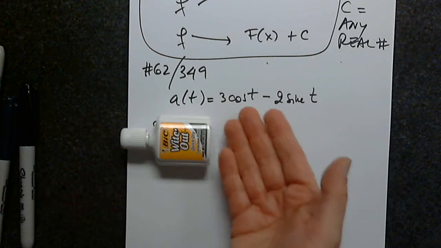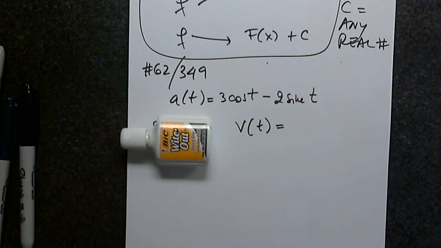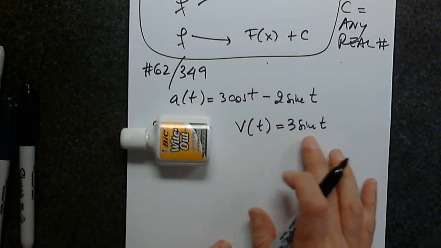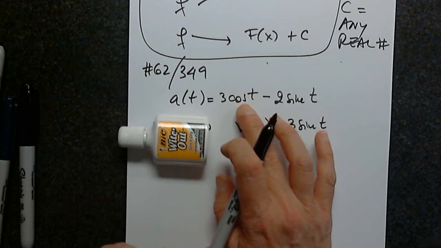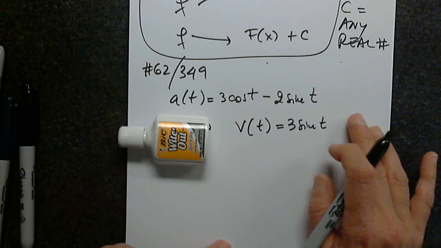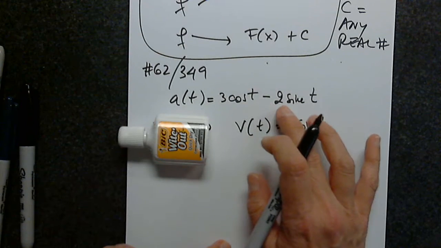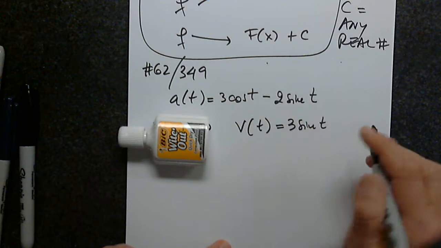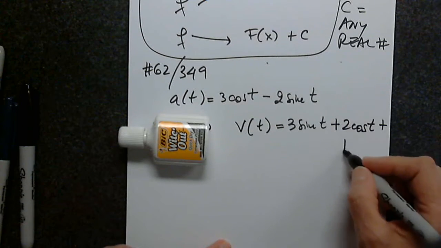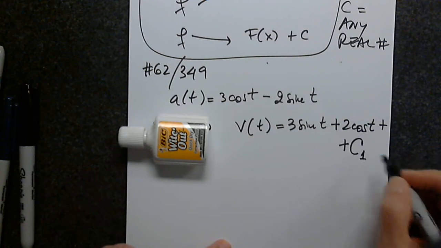Which function prime will be 3 cosine t? 3 sine t, indeed. When I differentiate 3 sine t, I get 3 cosine t. Now, I'm asking myself which function prime will be negative 2 sine t. Positive 2 cosine t plus, I'm going to call it C1.